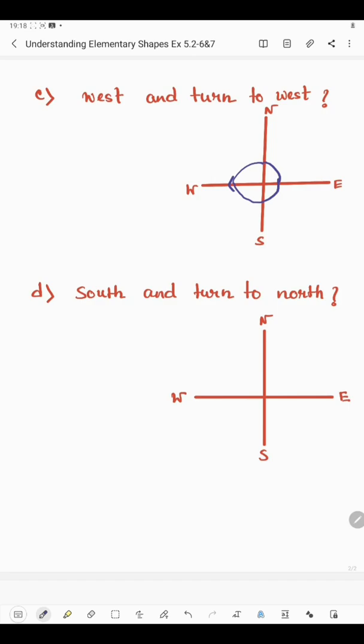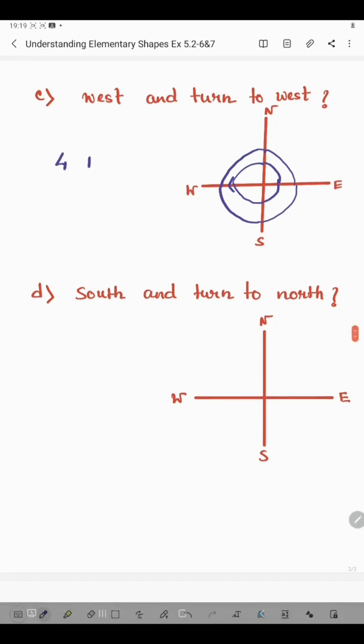And if you go anti-clockwise, that means west to south, south to east, east to north, and north to west, then also you complete a full revolution. So what we have observed is that if you are facing any direction and turn to the same direction, you complete 4 right angles. So we'll write 4 right angles.